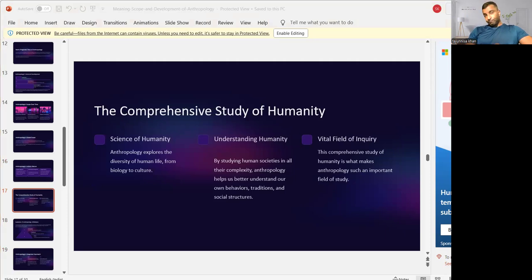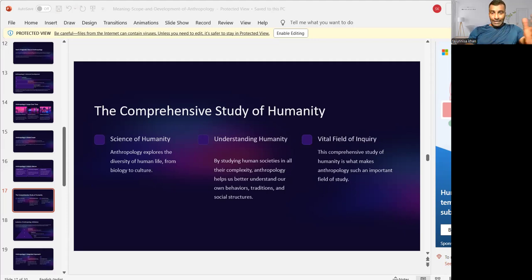Anthropology is often described as the science of humanity, and it explores the diversity of human life, from biological differences between populations to different cultures and the cultural practices that define specific societies.